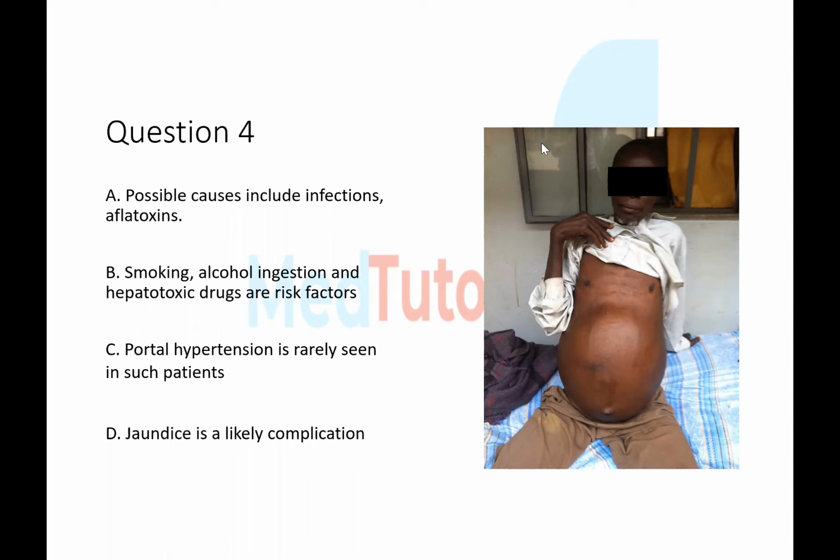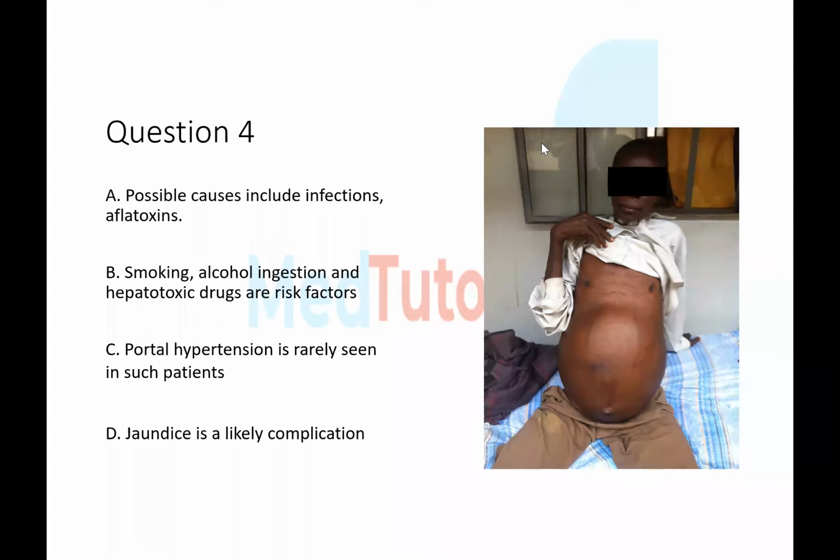Why? The reason for that is because if you look at the anatomy of the portal vein, it is formed by 2 vessels, the splenic vein and the superior mesenteric vein. Okay? It is the combination of these 2 that forms the portal vein.